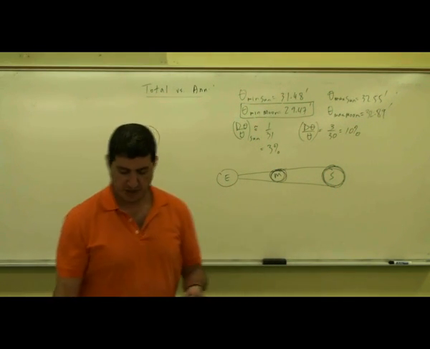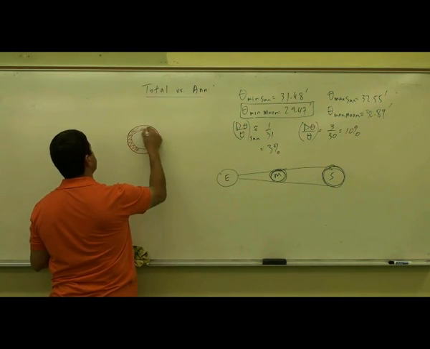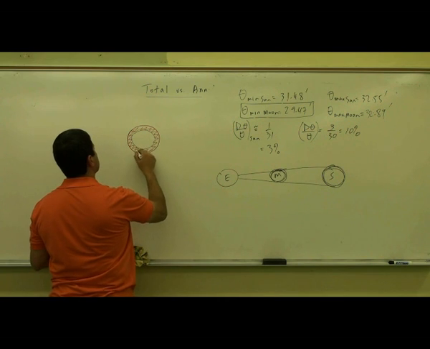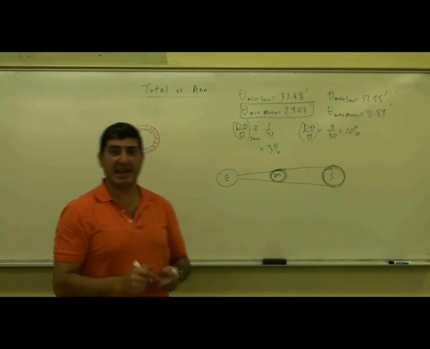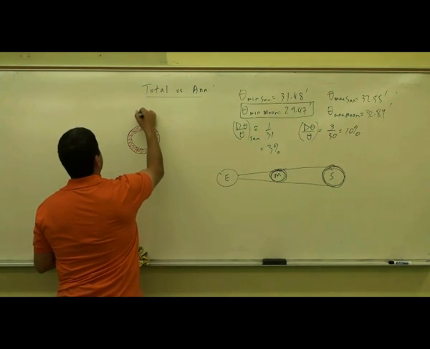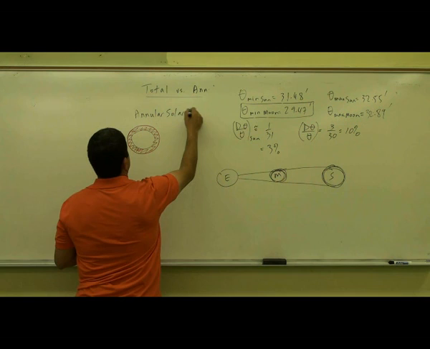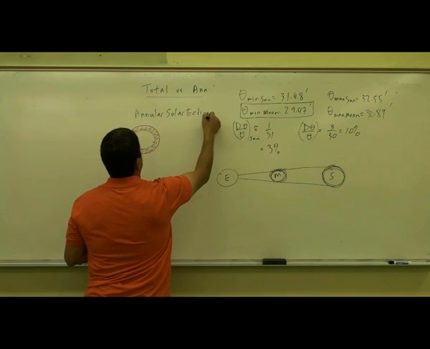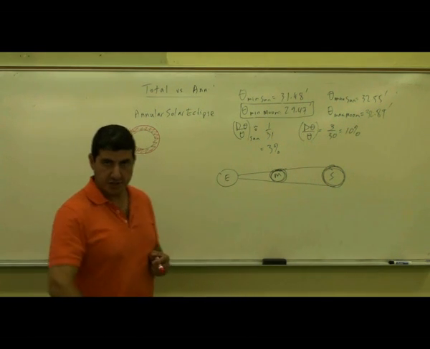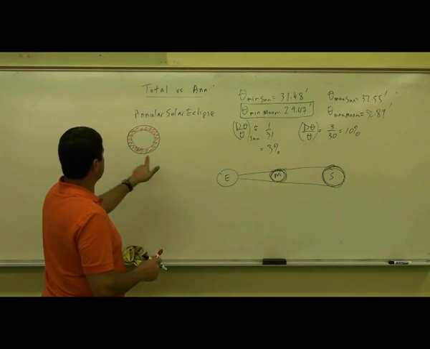It's still not covering the sun. You have this edge of the sun appearing. How big is that edge going to be? What's the biggest it can be? This is known as an annular solar eclipse, and it comes from the Latin word annus, which means ring. You see the ring here? It leaves a ring right here.